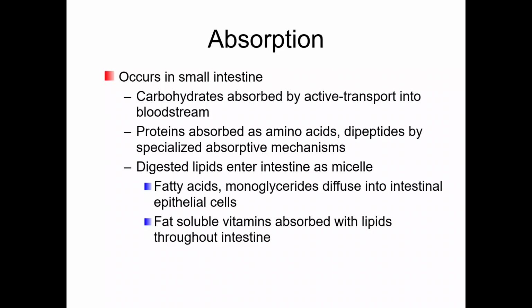So the fatty acid monoglycerides diffuse into the intestinal epithelial cells, and fat-soluble vitamins are absorbed with lipids throughout the intestine. It's important to make a note that absorption can happen in other locations in the digestive tract. It's just we're talking about the macromolecules, the major nutrients of the diet. The majority of the absorption happens in the small intestine.